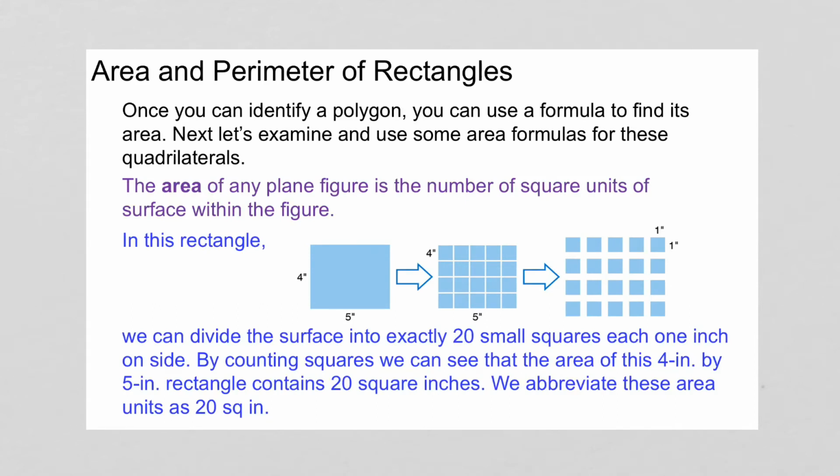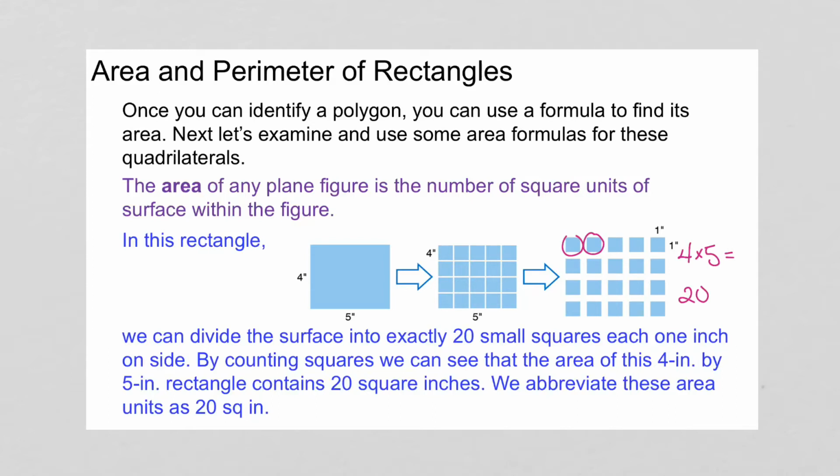Area is the number of square units of surface within the figure. So it's everything on the inside, all added up. And so if we were to divide this 4 by 5 rectangle into little 1-inch units, then if you add up all those 1-inch units, you get 20 of them, which is the same as multiplying 4 by 5.